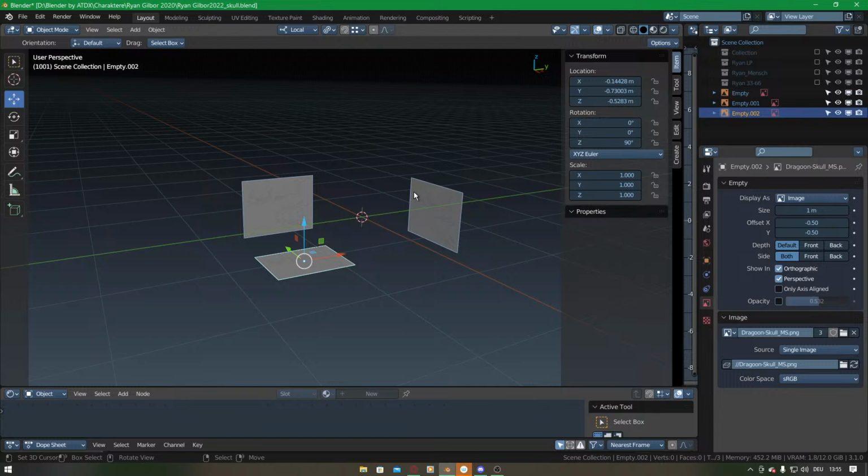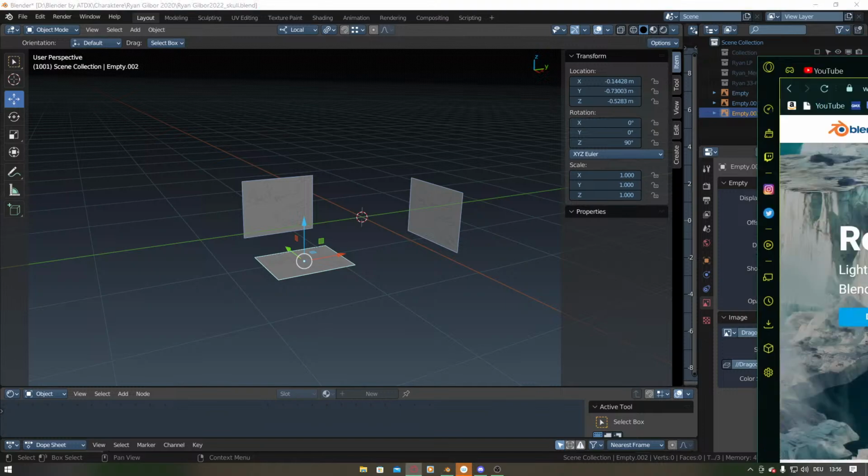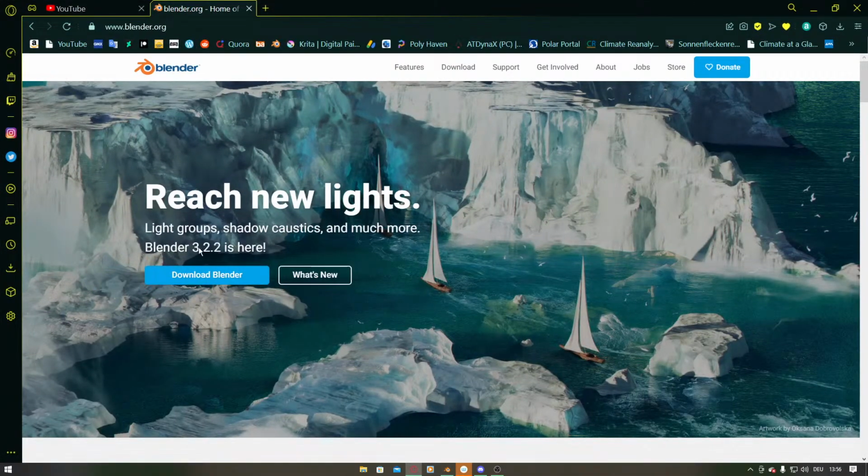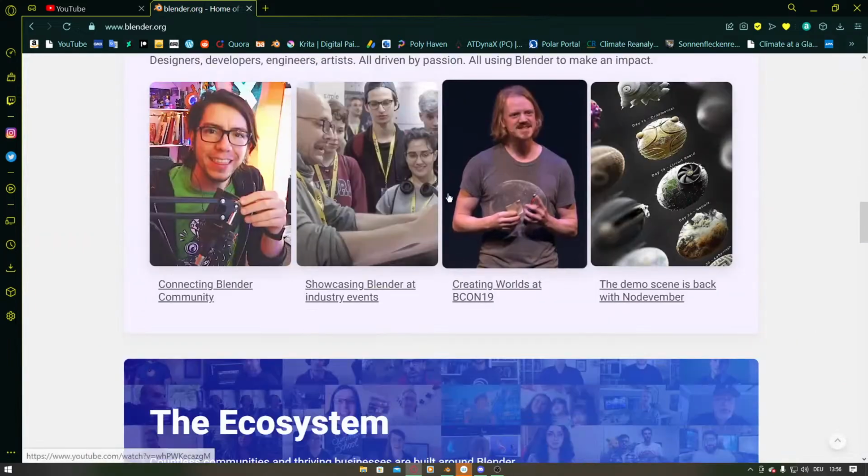Now you might ask, why am I not continuing with the bear? That's because I'm waiting for Blender 3.3 to be released, and that's the current version that is currently out. I could go experimental.